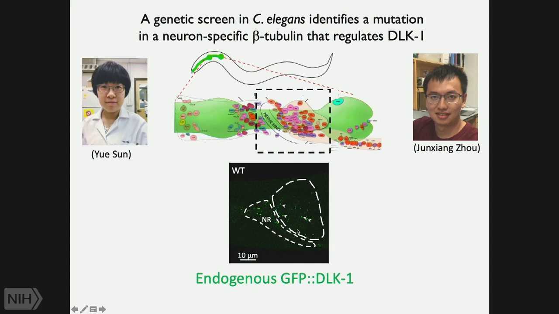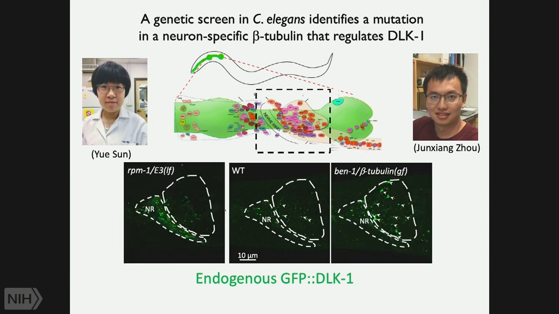When we see endogenous DLK, there's very little fluorescence you can detect. I hope that shows up on screen. Then they fed the worm with mutagen, and isolated mutants that increase DLK level. In some ways it's like the transgenic mice, but we're looking for endogenous mutations.